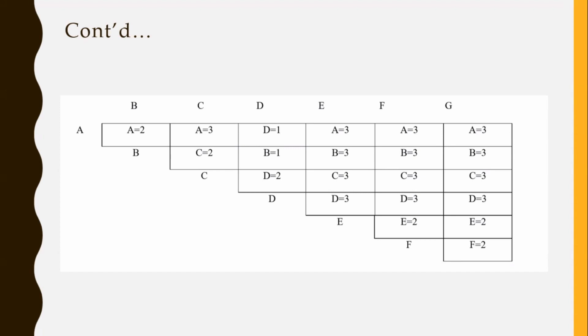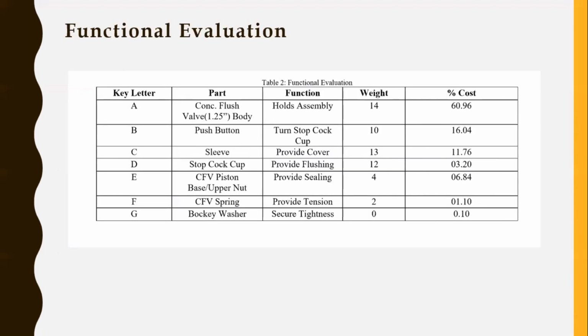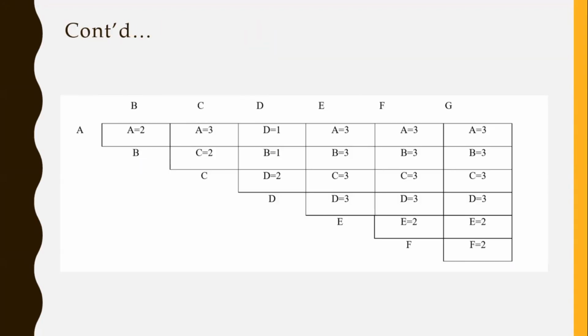So it receives 14. Similarly, take B. In the second row, B receives 9, 10. C, second row, there is a C2, and there are 3 C's, 9, 12, right? So that's 13 for the C.